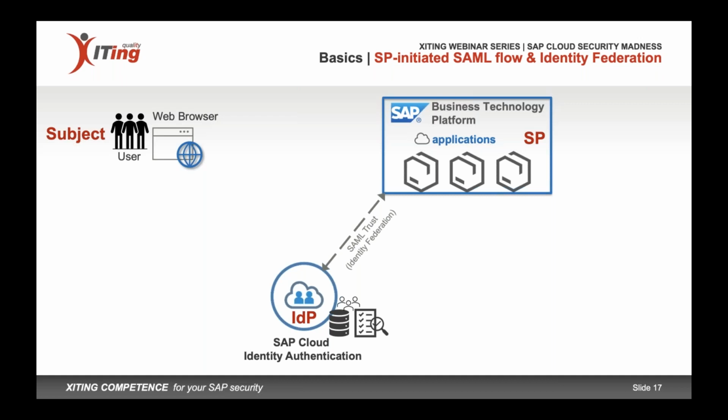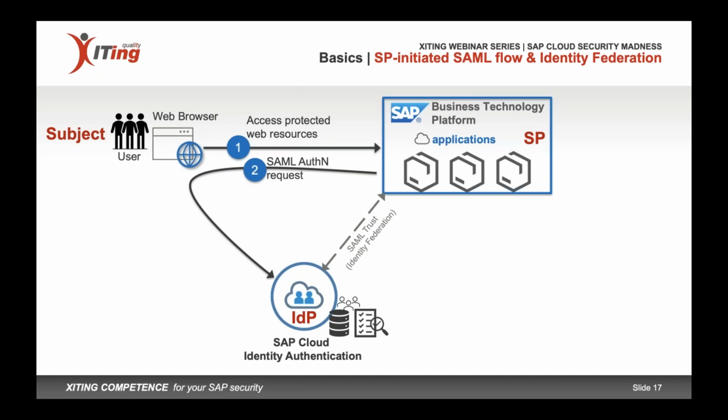Okay, so let's proceed in the flow. First of all, the user tries to access a protected application, for example, the Fiori portal or the identity access governance that runs in the cloud. So the cloud application now creates and also signs a so-called SAML authentication request that is then redirected to the configured trusted IDP via the user's browser.